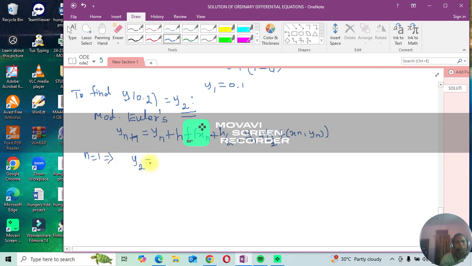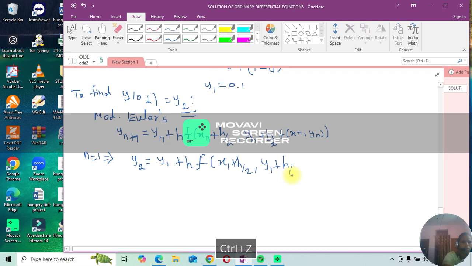So y2 equal to y1 plus h into f of x1 plus h by 2 comma y1 plus h by 2 into f of x1 comma y1.